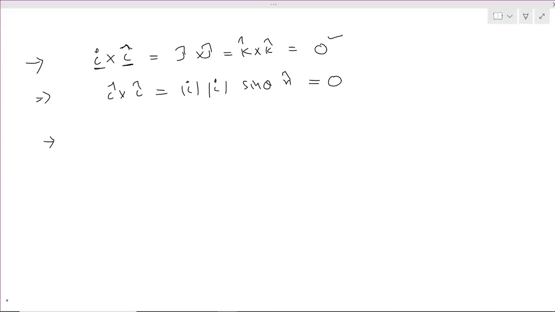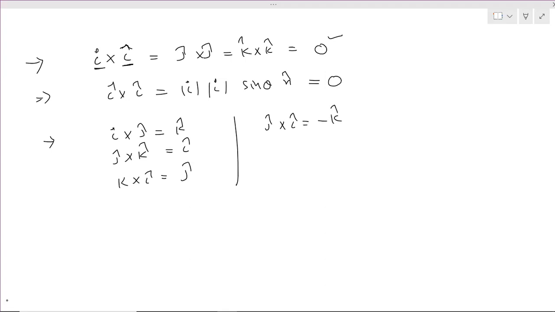So same way, if I do i cross j, this gives you k cap. If you do j cross k, this gives you i cap. If you do k cross i, this gives you j cap. If you invert the order, j cross i, this will be minus k cap.